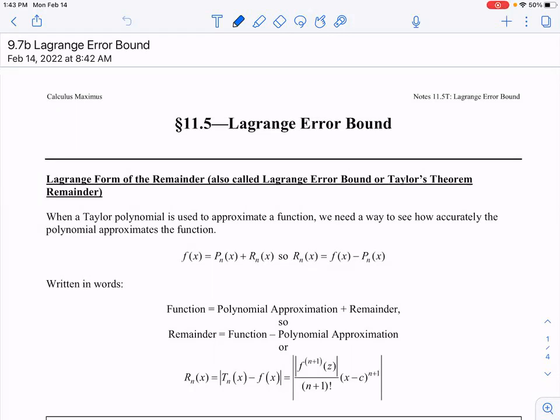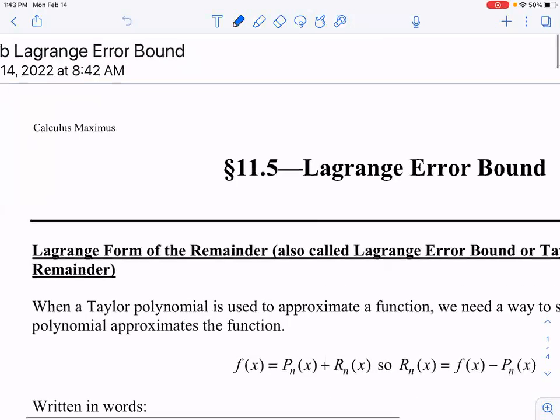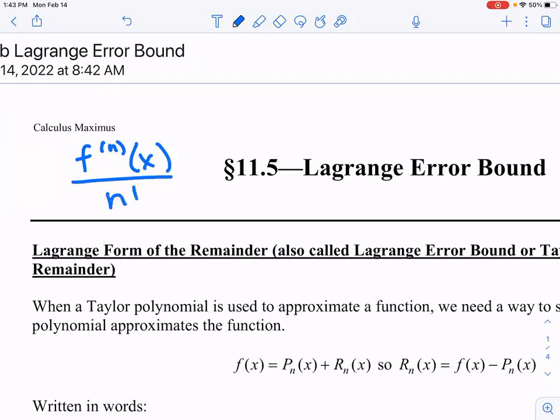Now, when we are talking about a Taylor polynomial, the terms are all the nth derivative over n factorial times x to the n.